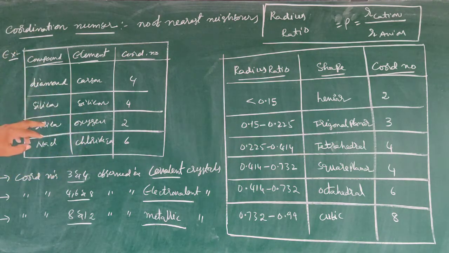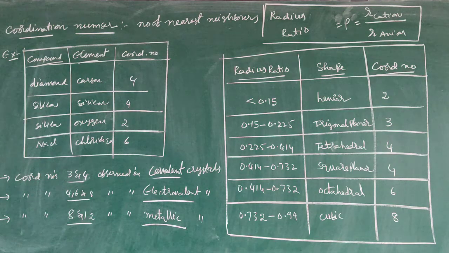In sodium chloride, chloride ion has 6 and sodium ion has 6. So these are the examples. Generally, coordination numbers 3 and 4 are present in covalent crystals. Coordination numbers 4, 6 and 8 are present in electrovalent crystals.